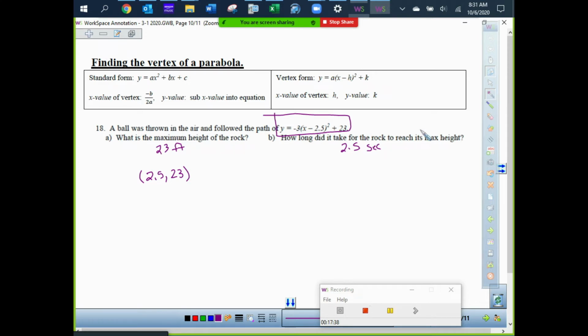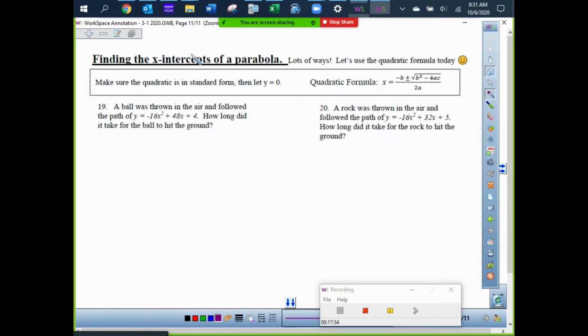So far, we have found the maximum by finding the vertex, and we found the initial height by finding the y-intercept. Now to figure out where the ball hits the ground, it's the x-intercepts. There's a lot of ways to find the x-intercepts, guys. We got to let y equal 0.